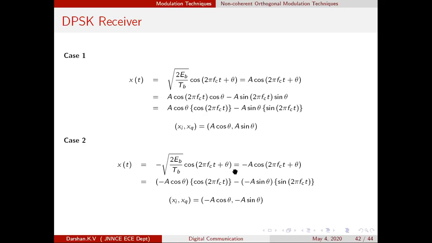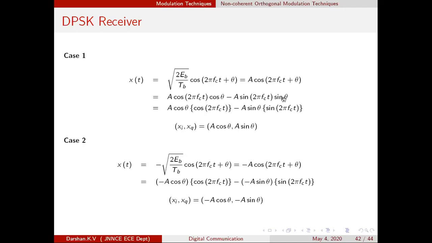Then what does this theta indicate? The theta indicates the phase introduced by the channel. Now you substitute root of 2 EB by TB as A, and cos 2 pi FCT plus theta is left as it is. Then you expand this using the cos of A plus B identity.